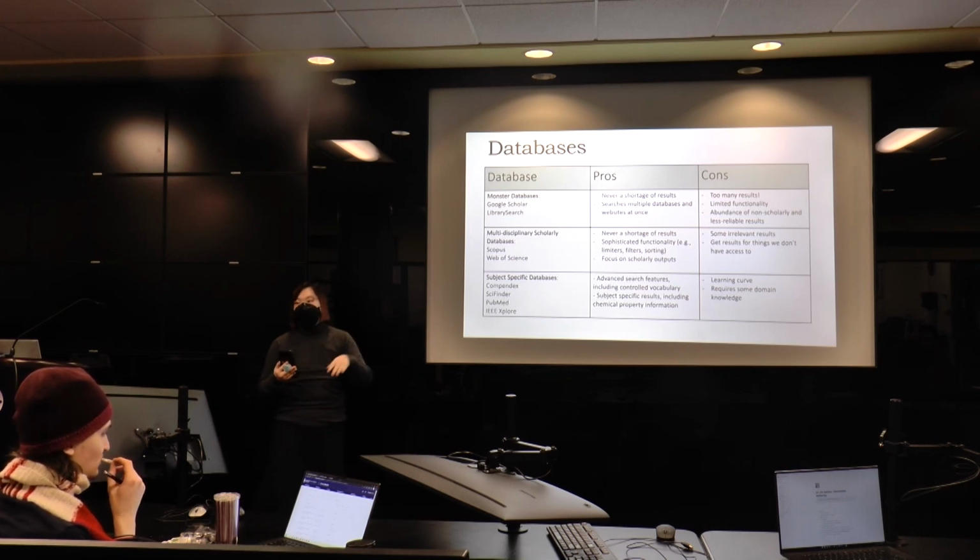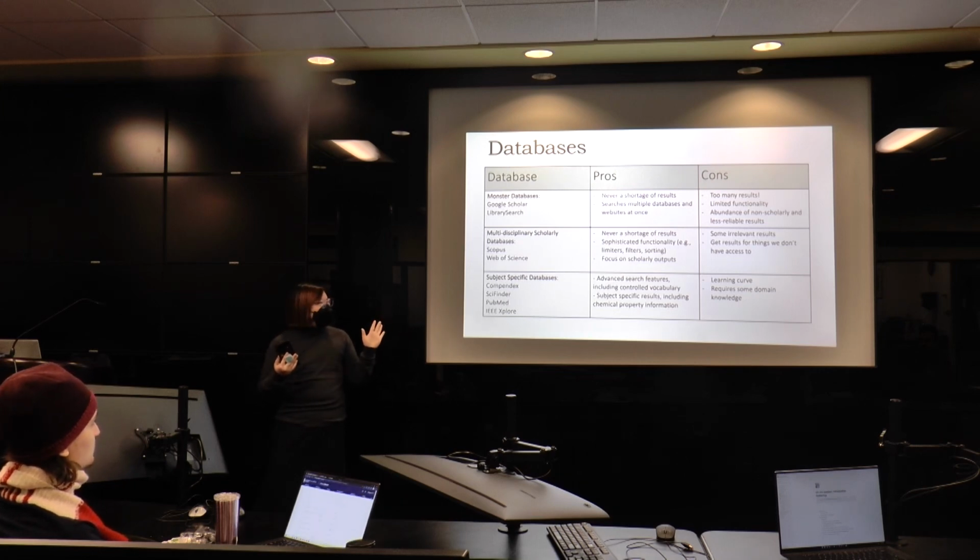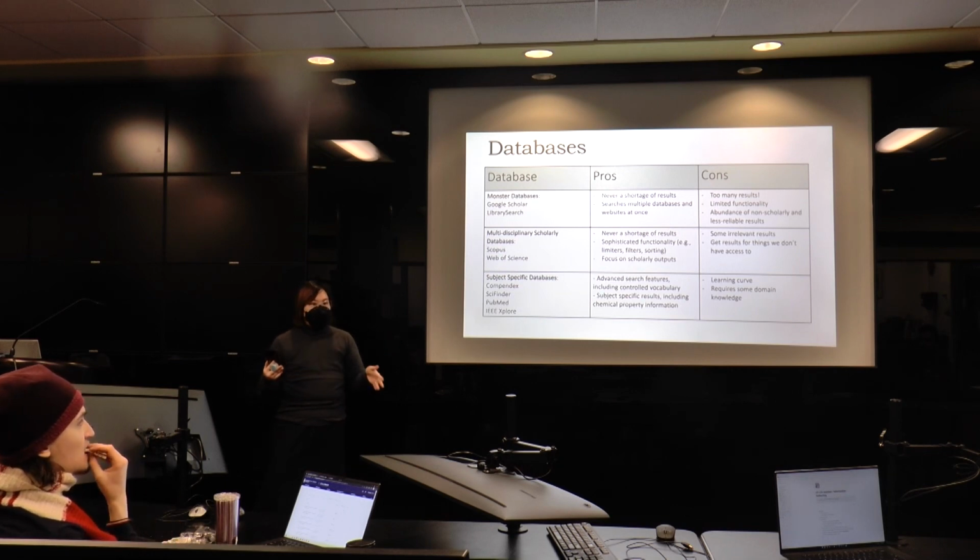So Google Scholar, it has everything. If you put something into Google Scholar, it'll give you thousands and thousands of results. Not all of them are from reputable scholarly sources, which is one disadvantage. And again, it's just a lot of information.